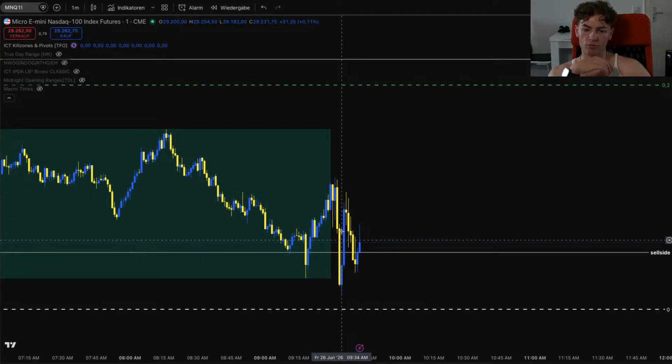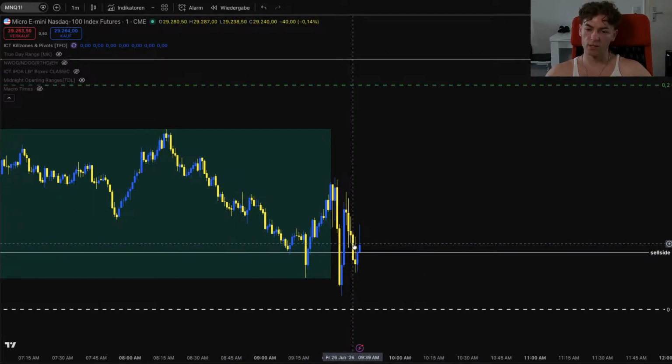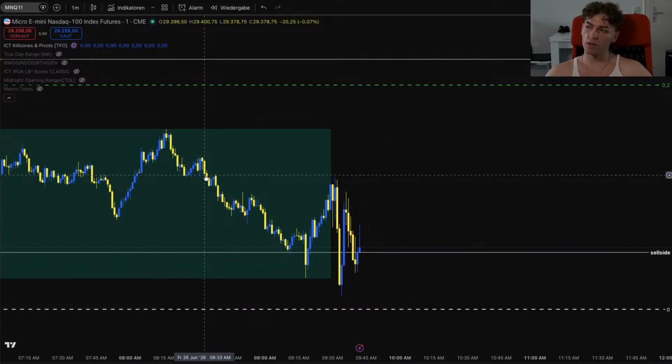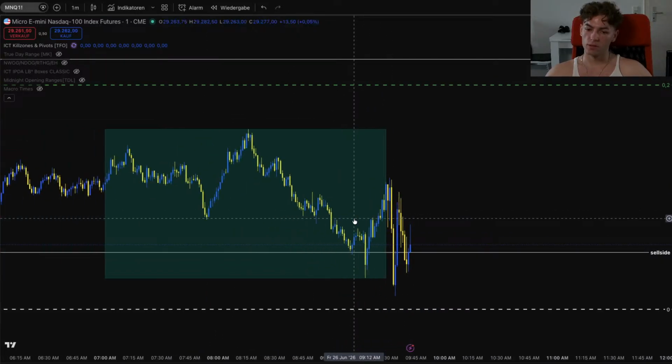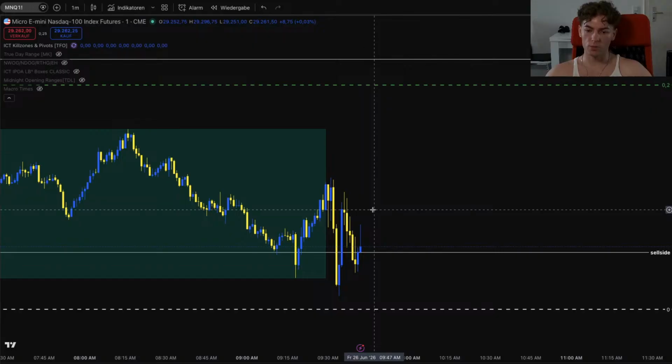Like I said, kind of range bound, choppy price action. Why? Because yesterday we had a pretty large range day, so that's why we want to sit through the first 30 minutes of the day, not doing anything at all.